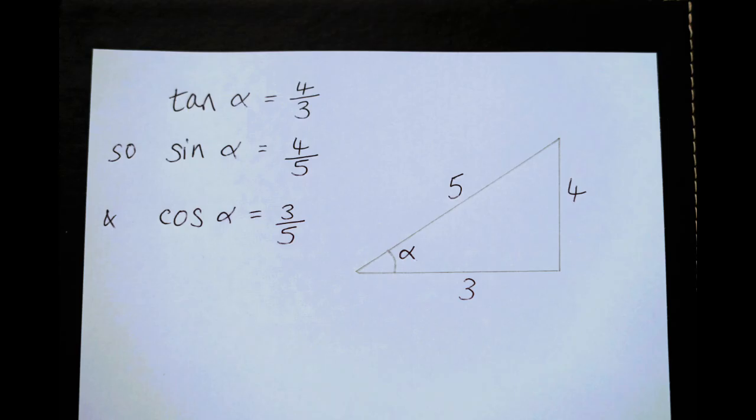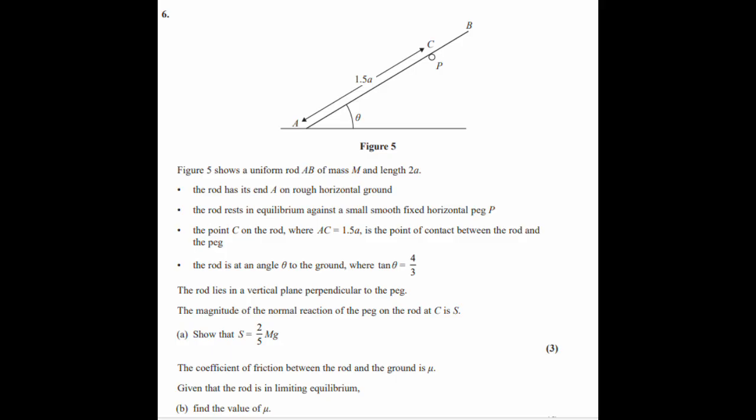If we draw a little right angle triangle, tan equals opposite over adjacent, so we can label the 4 and the 3 side on this right angle triangle relative to theta, and then we can use Pythagoras' theorem to find the last side, and then we can see that sine theta equals 4/5, opposite over hypotenuse, and cos theta equals 3/5, adjacent over hypotenuse. So I think we've done all of the groundwork. Now ready to begin the question.